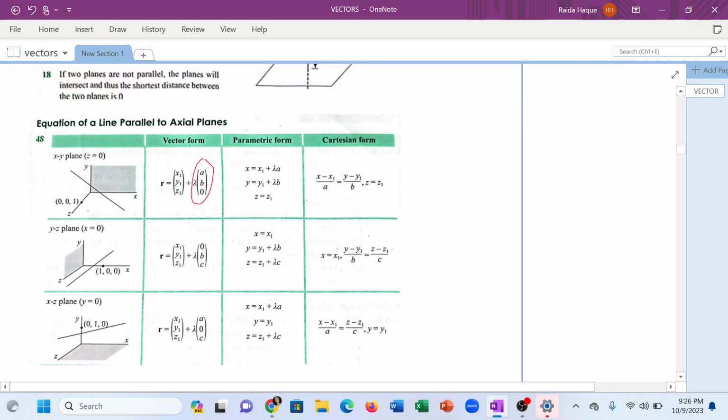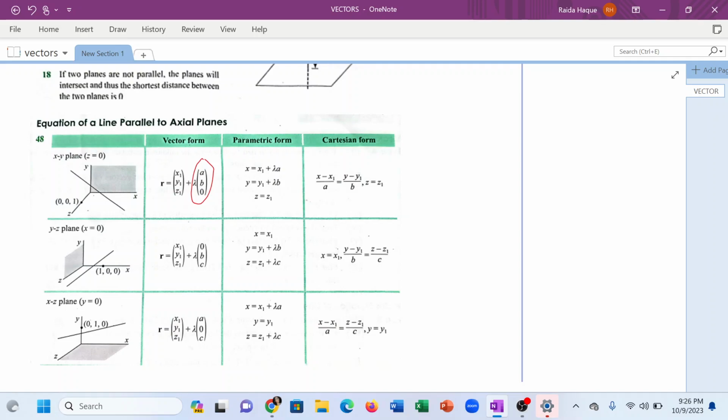So we have z equals 0, x with a value, y with a value, multiplied by a scalar constant. Then we add it because, to write the equation of a line, we need the position vector of a point.